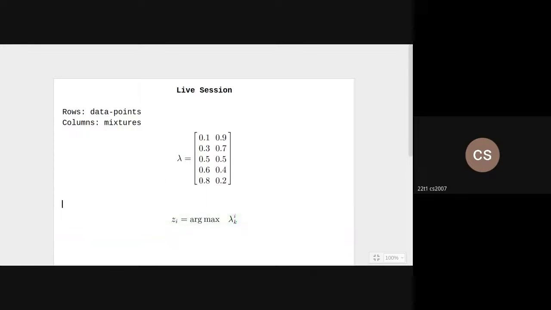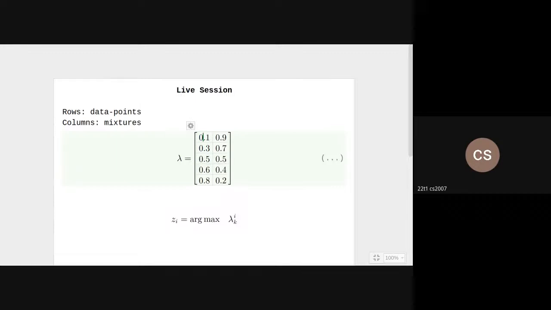So I look at 0.1 and I look at these two lambda values. Since the second mixture has a higher probability than the first mixture, I'm going to say that my first data point belongs to cluster 2. I make a hard decision.